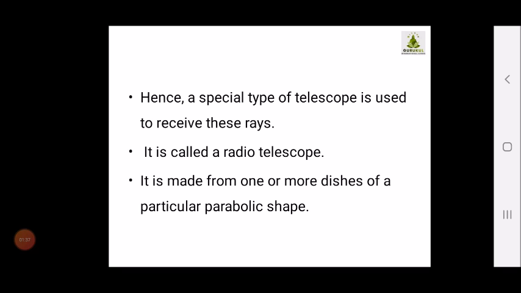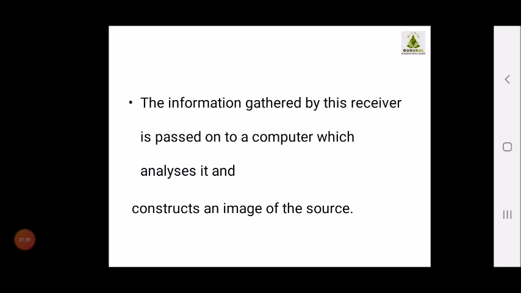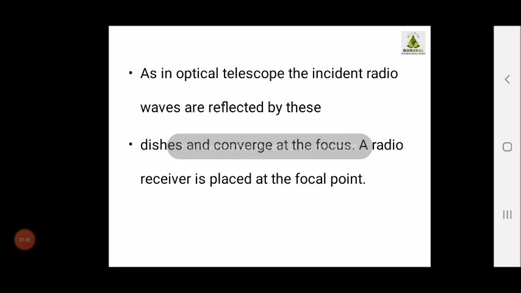It is made from more than one dish and gathers the information. The information is sent to the computer and processed, and in this way we are able to study objects which emit radio waves rather than light waves. Children, the remaining we are going to study in the upcoming videos.